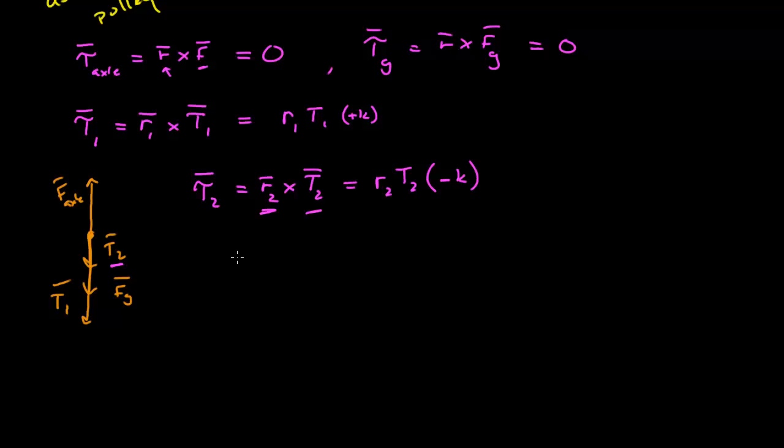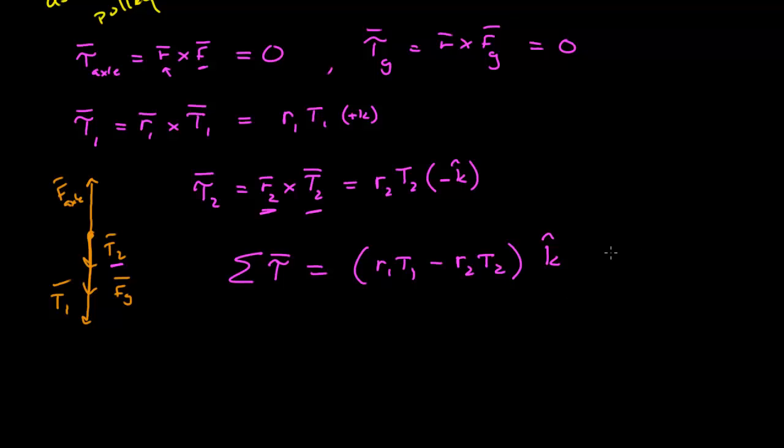Okay, so now if I sum all my torques, that gives me R1 T1 minus R2 T2 along the k-hat, the z direction.